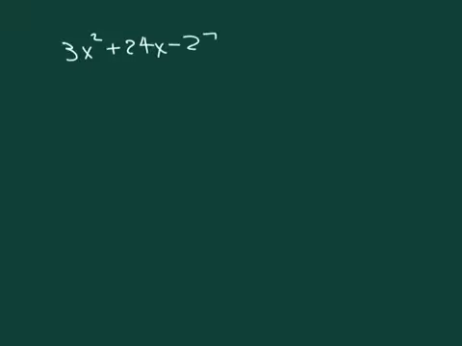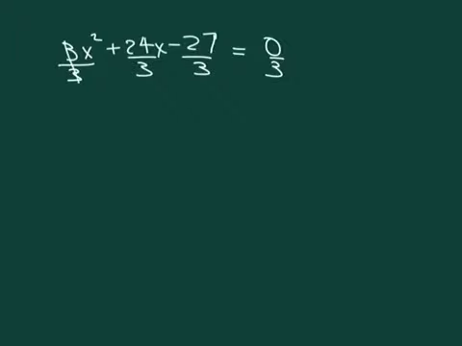So, we are going to learn how to get rid of that number in front of our x squared. Pretty simple. What we're going to do is we're going to divide everything here by 3. Okay, we can also divide that by 3. Everything there we divide by 3.